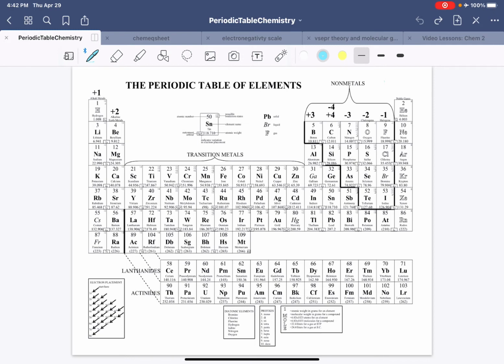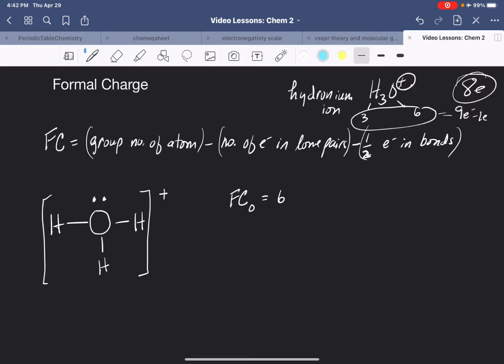So it's group number 6 minus the number of electrons in lone pairs. On the oxygen, you can see there's just that one lone pair, so we would say 6 minus 2.